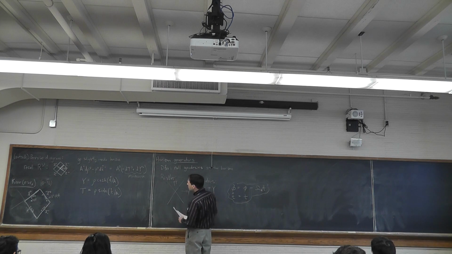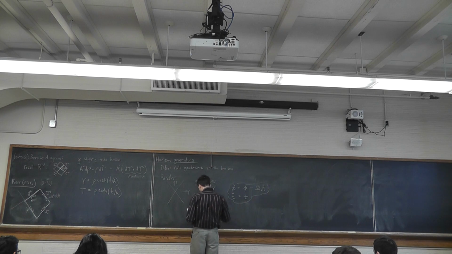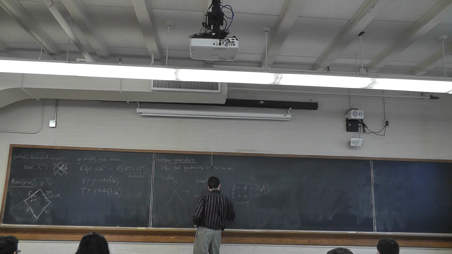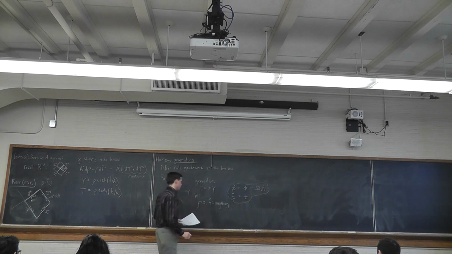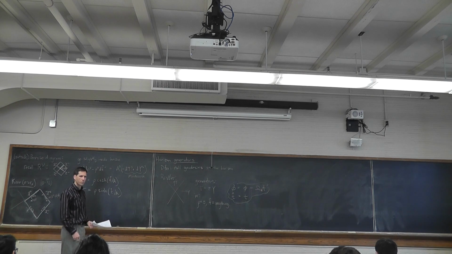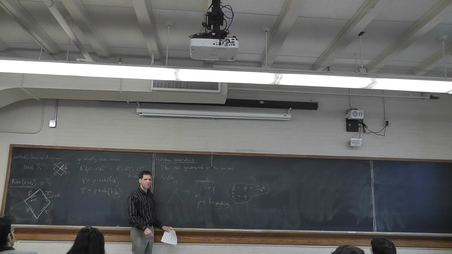In Rindler coordinates, these are rho equals 0, t hat equals anything. So the curve, in other words, this tells you about the curve. I pulled sort of a fast one here.